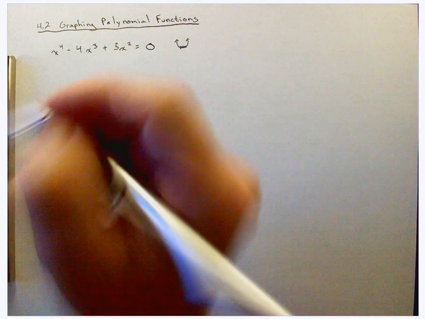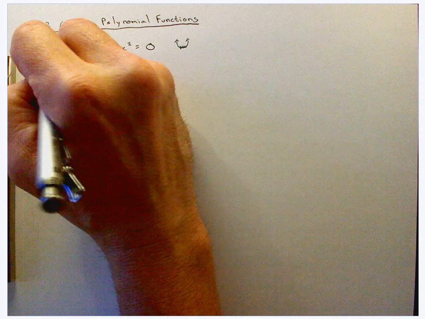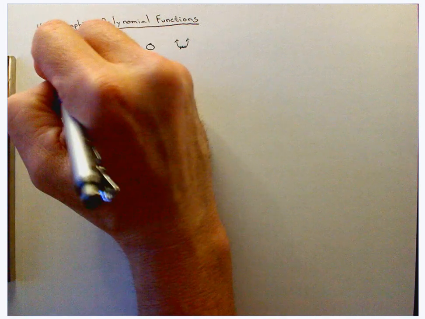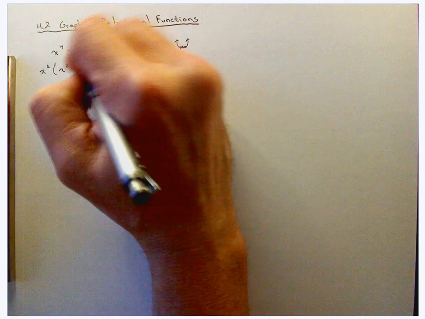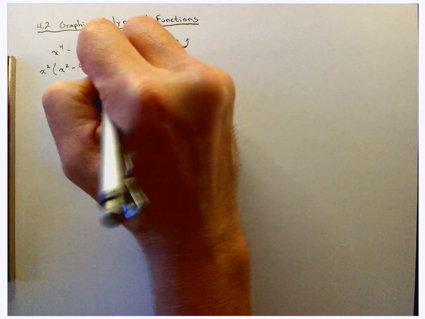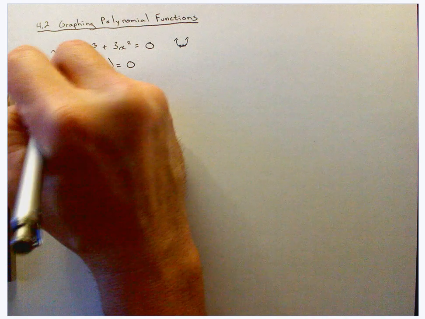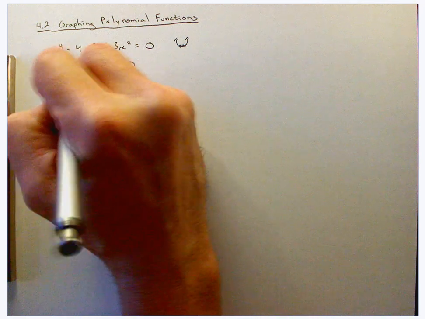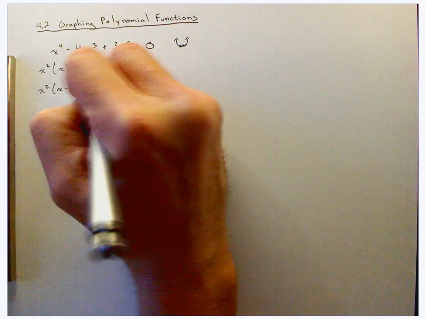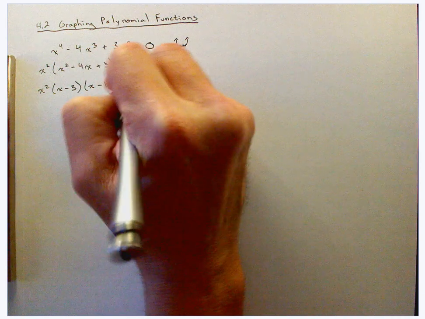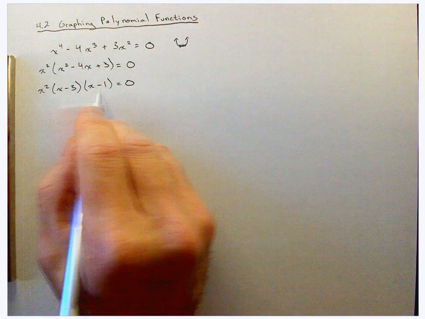Next, I factor. I'm going to find the zeros and look at my multiplicity. x squared times x minus 3 times x minus 1. Okay, here I can do my multiplicity.